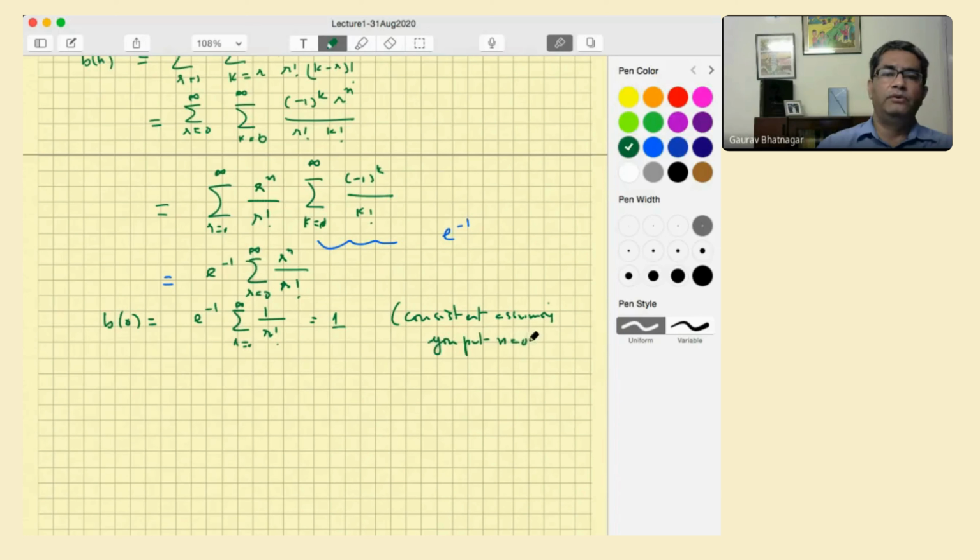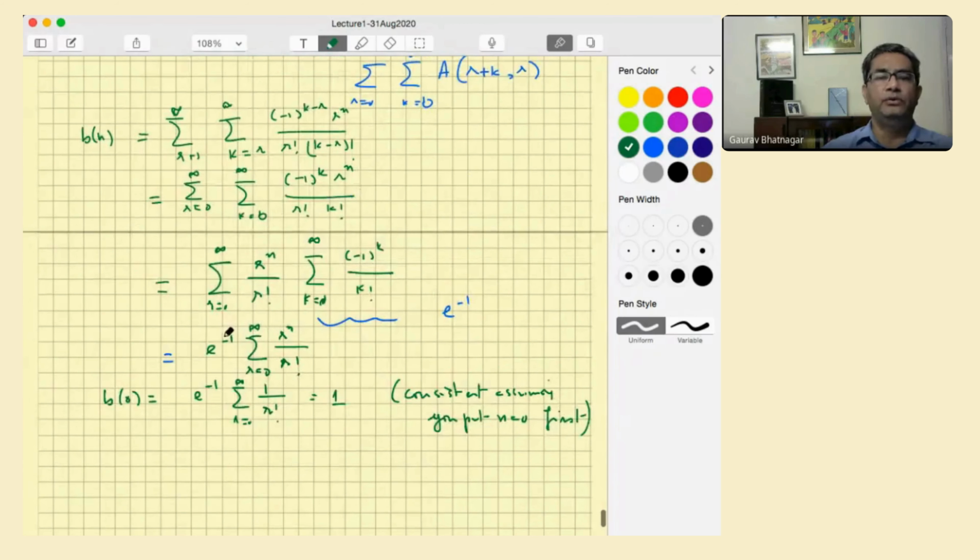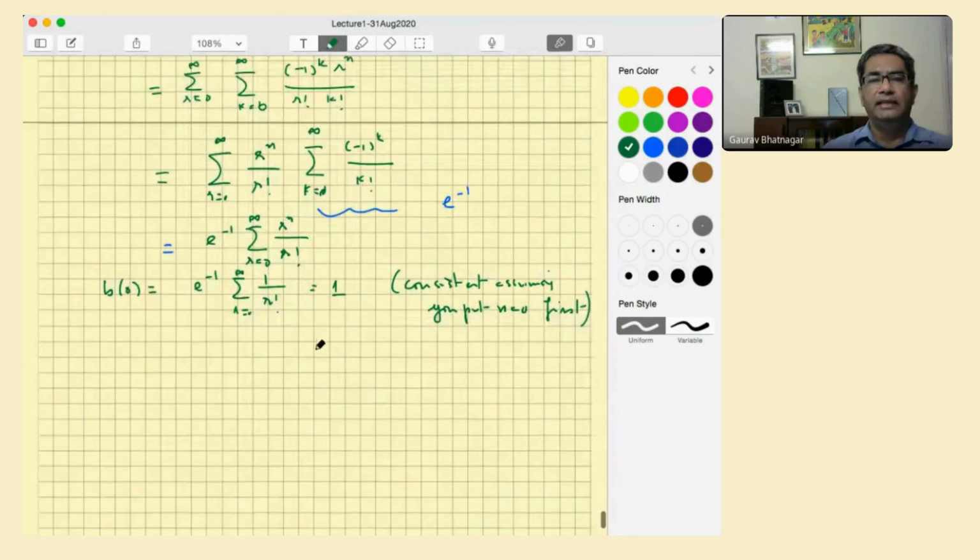Put n equal to 0 first, because there's a problem with r equal to 0 and so on. So first, if you just put n equal to 0, whatever you get, that works.